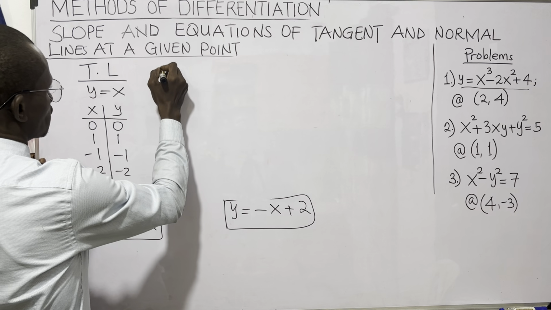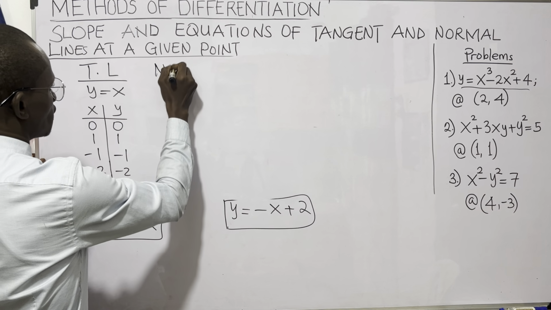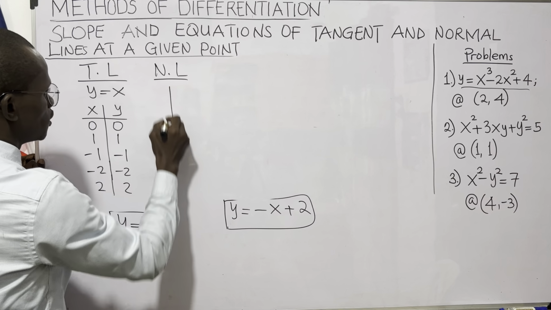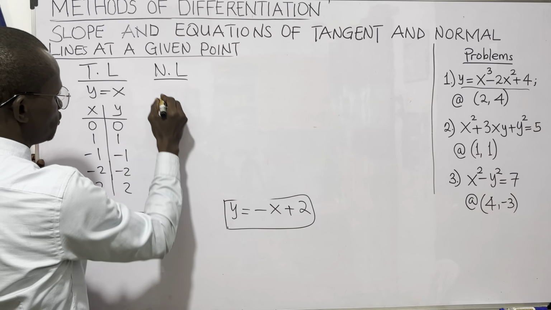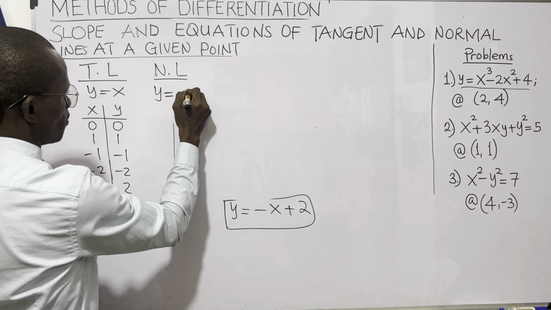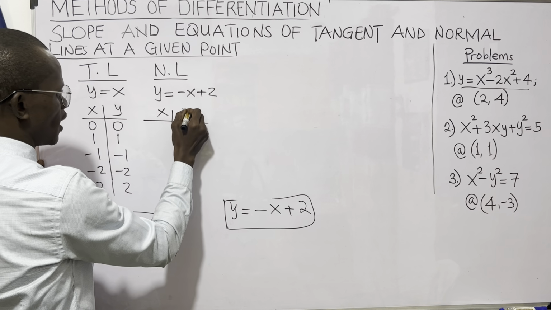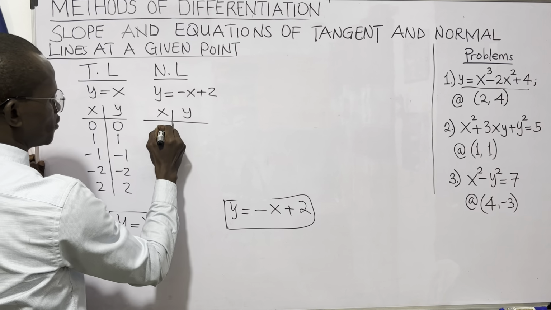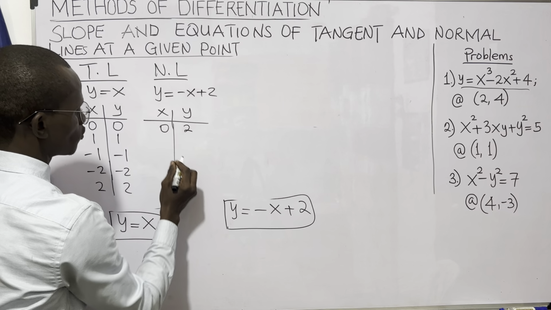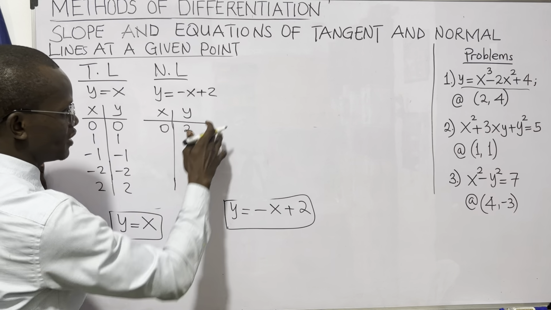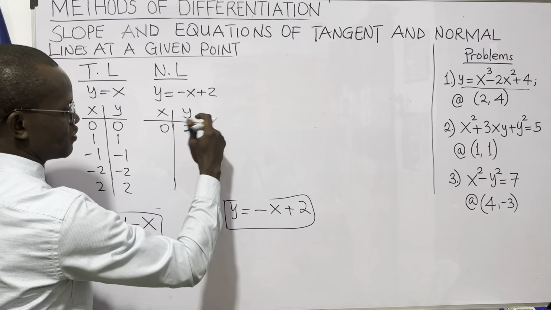And then the next one, the normal line. Let's find values. It's y equals minus x plus 2. When x is 0, y will be 2. Let's look for values that would not make y very big.